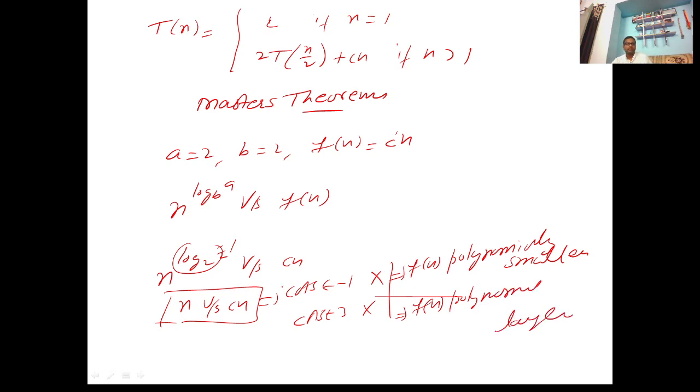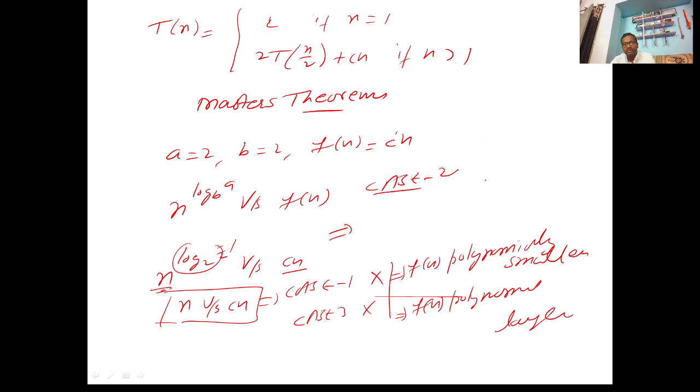But both of these cases are not fitting here. Both functions, n raised to the power log a base b and f of n, are equally growing functions.